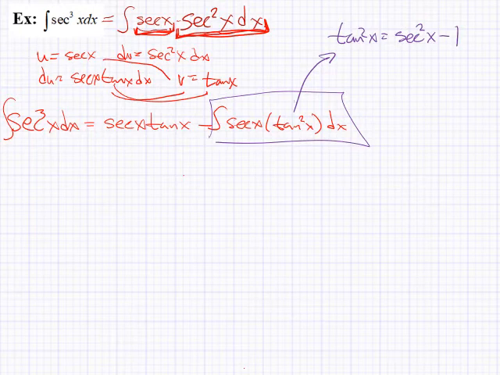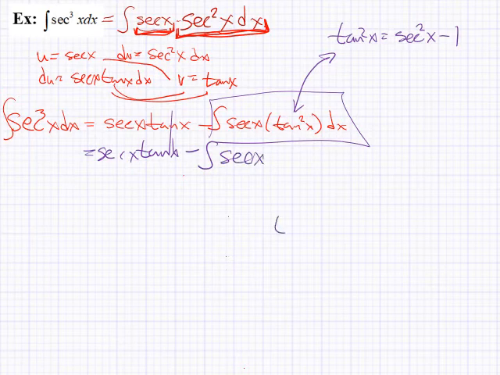So I'm going to use that here, and I'm going to get secant x tan x minus the integral of secant x times secant squared x minus 1 dx.